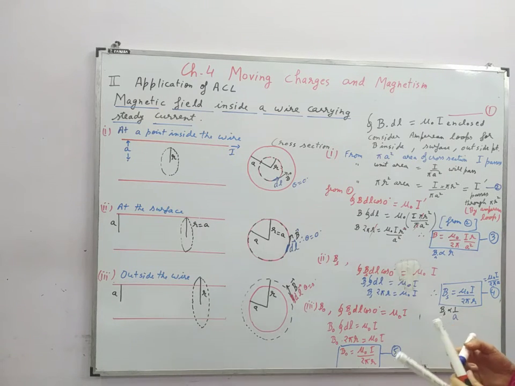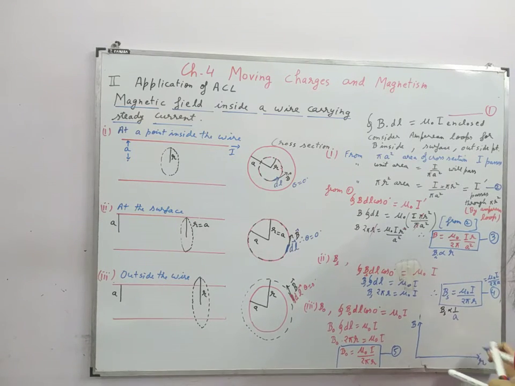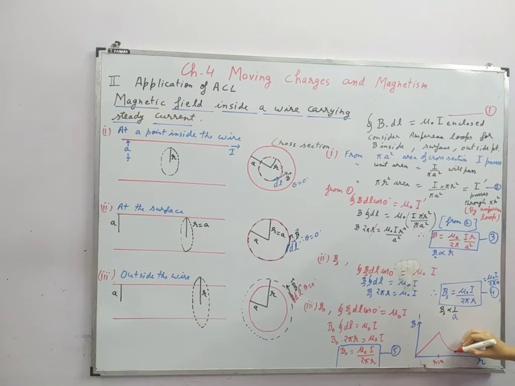So now we have to draw a diagram for the variation of the magnetic field with distance from the center. So if we look at the inside points, at an inside point it is directly proportional to r. So this will be the graph. At the surface, this is the point where r is equal to a, and after the surface the proportionality is inversely proportional to r.